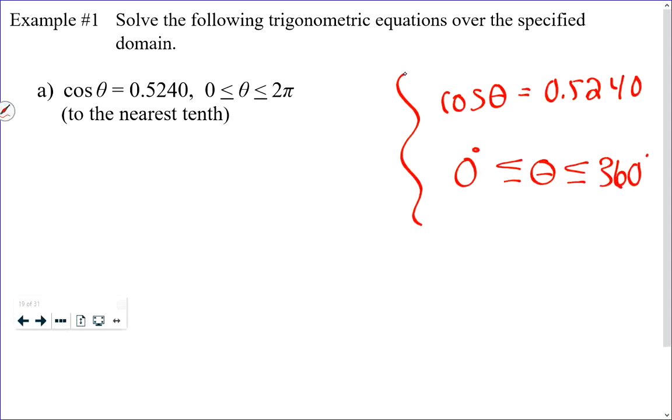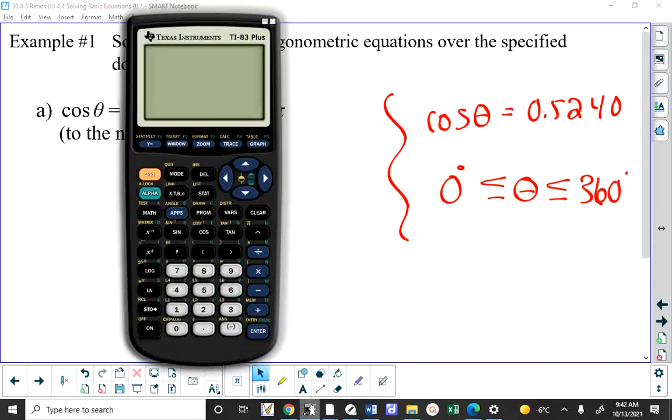And your first step would be to find a reference angle. It would be to use your calculator and go inverse cos of that number to find a reference angle. And if you did that, you would say, oh, the reference angle is 58 degrees.